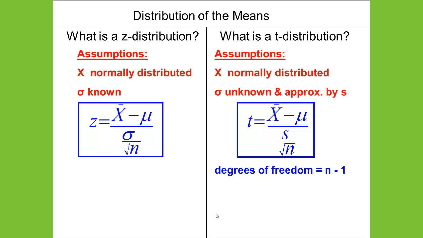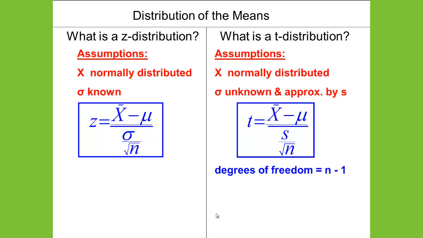One is for the z distribution and one is for the t. But the process for each is similar. We take x bar, the sample mean, minus the population mean, over the standard deviation divided by the square root of n. And if you can keep that in mind as you're using them and applying them, that will help.